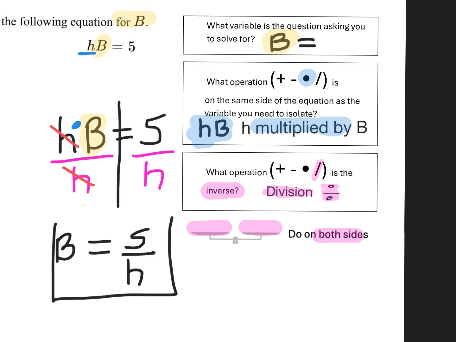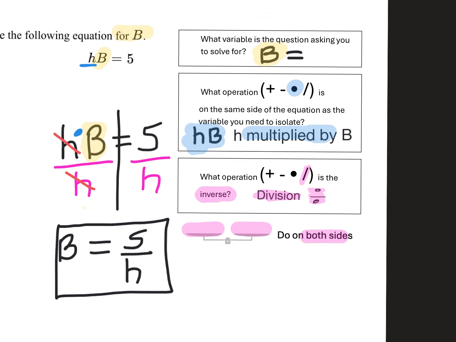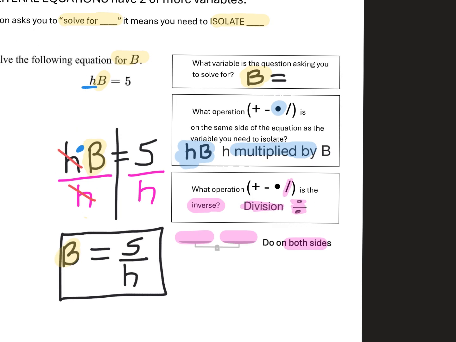So this is my final answer after solving this equation for b. So again, when you're solving an equation for a given variable, you're just moving the parts of the equation around to get the variable isolated that the directions tell you to isolate.